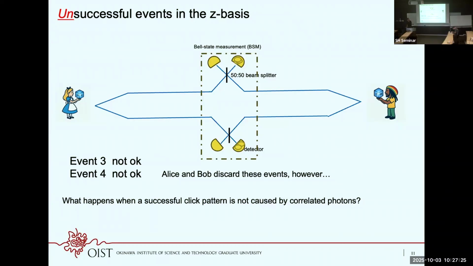If we have a dark count event in one of these two detectors, we will get a click. In that case, we have a successful event, but this successful event was not coming from a photon sent by Bob.